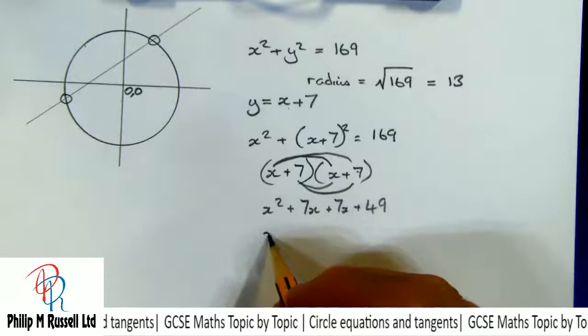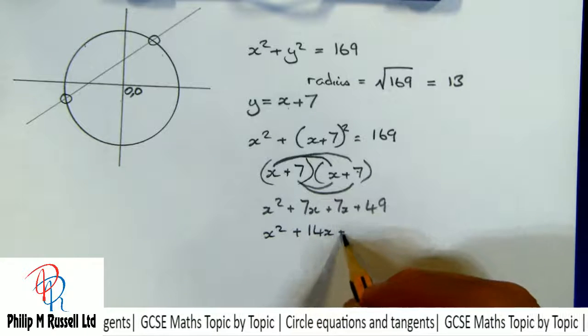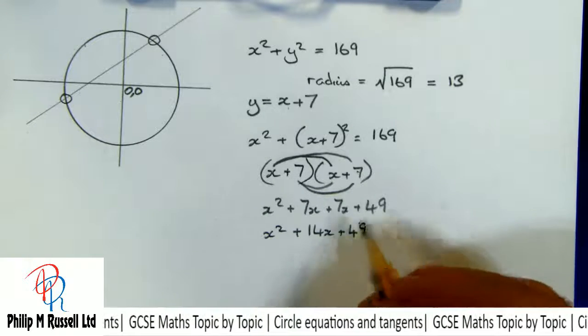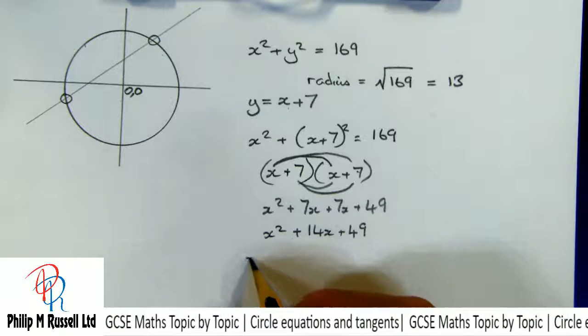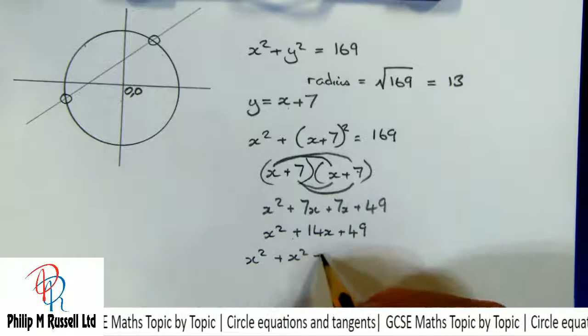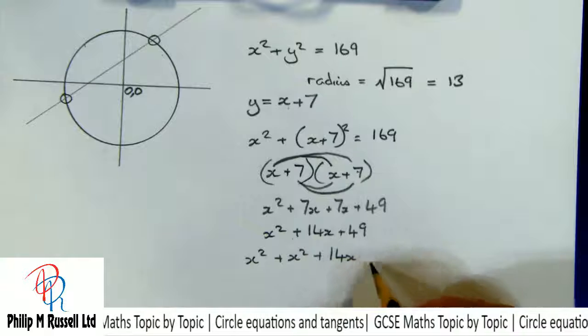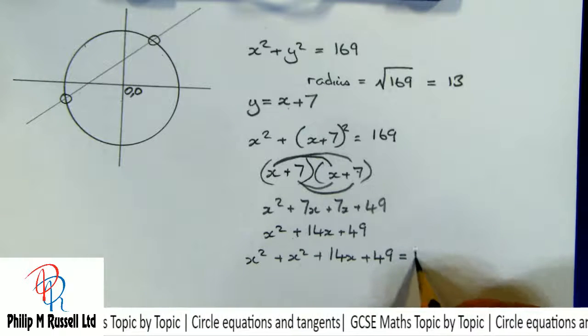Collect my like terms: x squared plus 14x plus 49. I'm now able to put that back into this equation: x squared plus x squared plus 14x plus 49 equals 169.